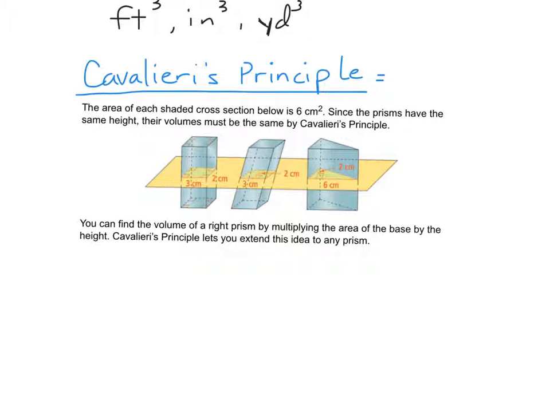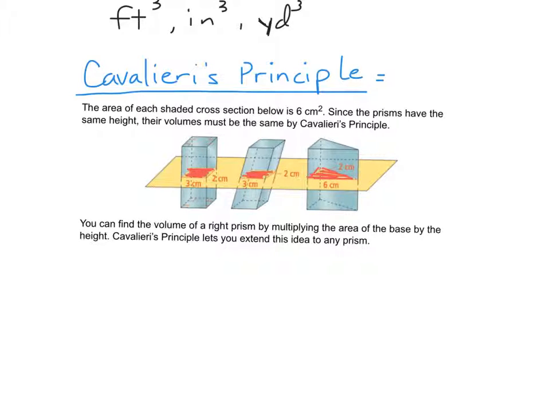It does not matter if one is a right prism and one is an oblique, right? The one in the middle there is oblique, it's kind of tilted. As long as the area of their cross-section, so this would be a cross-section, this is a cross-section, and this triangle is a cross-section, right? As long as the area of the cross-section, or you could say the area of the base would be an appropriate cross-section to use, and the height of the figure is the same, they will all have the same volume.